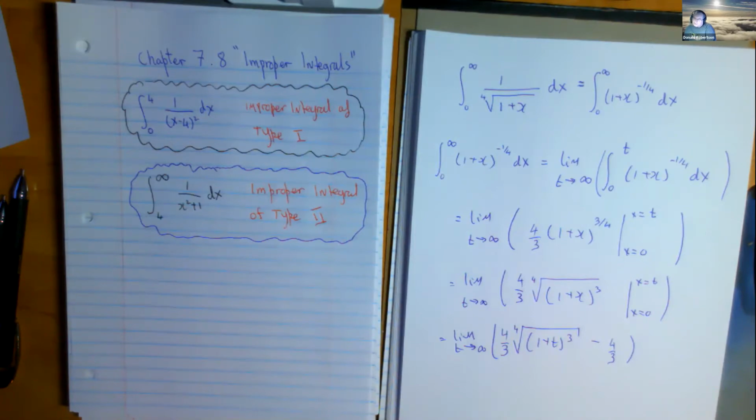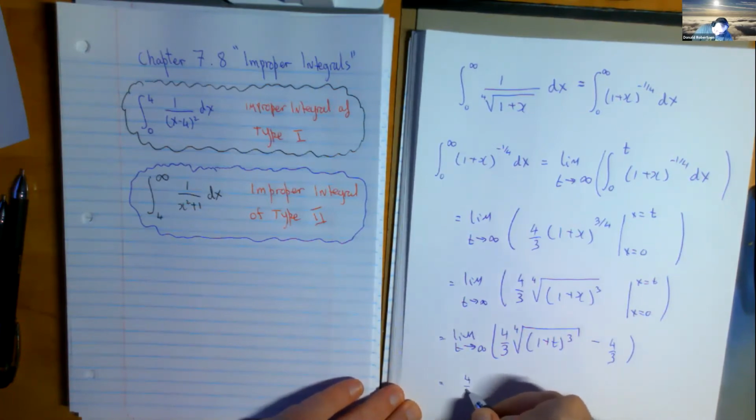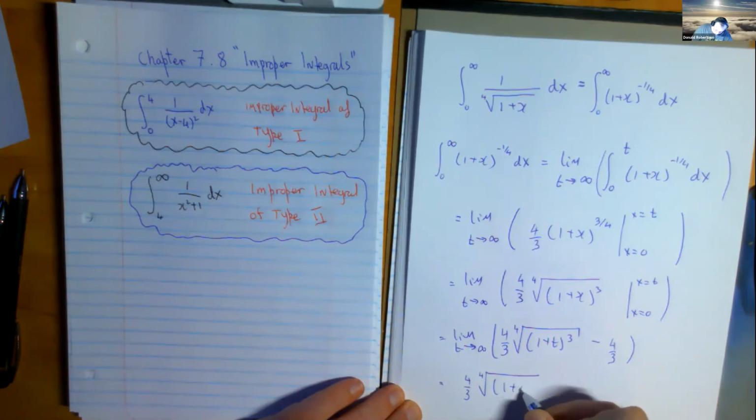Okay, this one can also be done by brute force. So let's find out what it would be. It's going to be 4/3, the 4th root of (1 plus infinity) cubed, subtract 4/3.